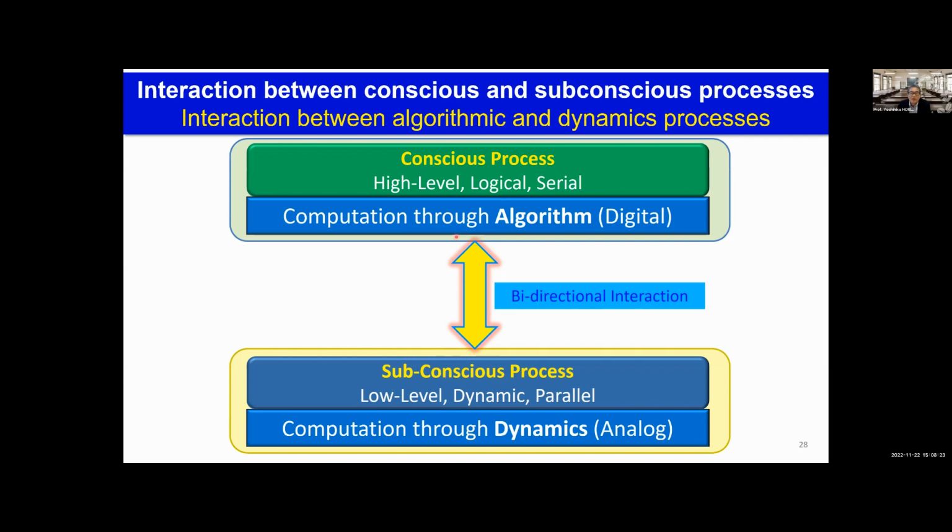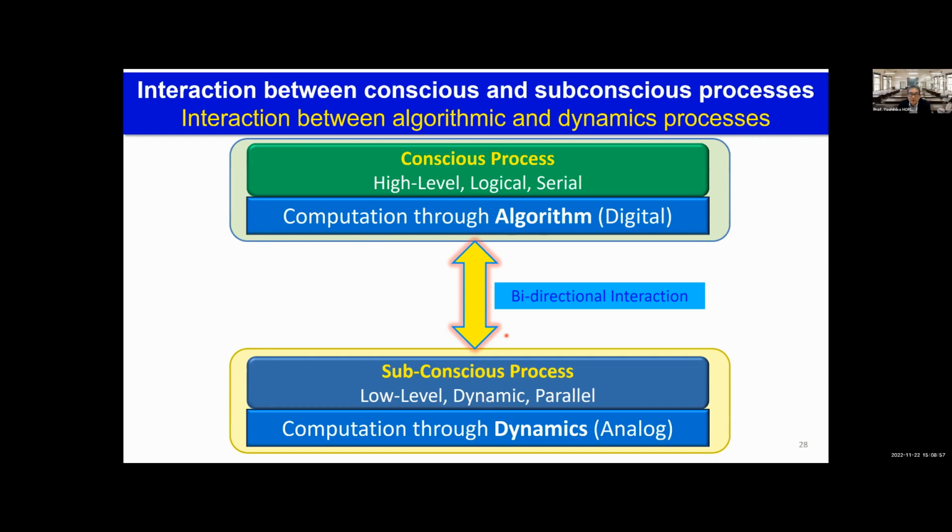And we may make an analogy between the conscious process and computation through algorithm, because this is a digital process, which is serial, logical, and high-level. On the other hand, we can make an analogy between the subconscious process and computation through dynamics, which is a continuous process with high dimensionality, and a highly parallel distributed process.